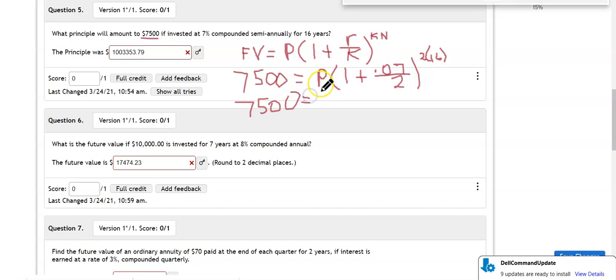First, I'll go ahead in my calculator and put 1 plus 0.07 over 2 into my calculator. That gives me 1.035. And while I'm at it also, I'll go ahead and multiply the 2 and the 16 to get the 32nd power. Now, next we want to do the 1.035 raised to the 32 power and get whatever that number is. So I'll leave the rest of it alone.